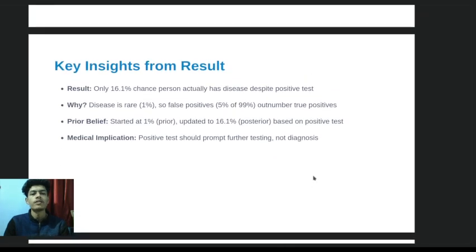The key insights from the result are that only 16.1% of people actually have the disease despite a positive test, because the disease is rare at 1%, so the false positives, 5% of 99%, outnumber the true positives. The prior belief started at 1% and is updated to 16.1% based on the positive test. And the medical implication is that a positive test should prompt further testing, not a diagnosis.